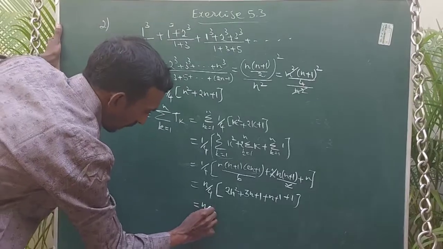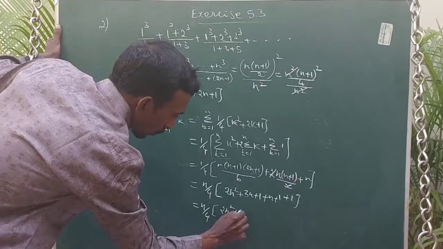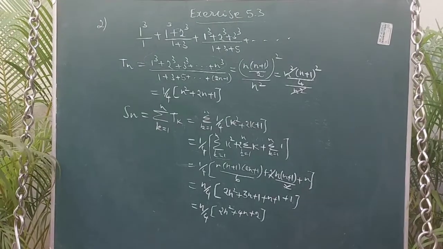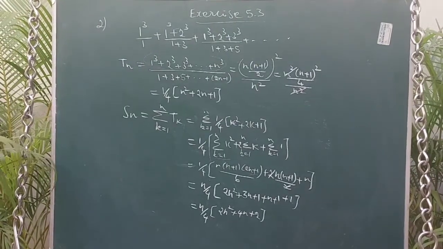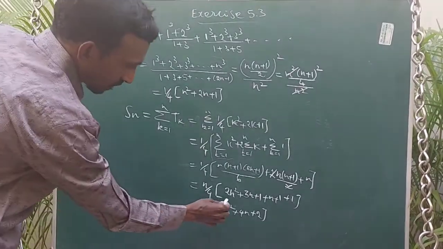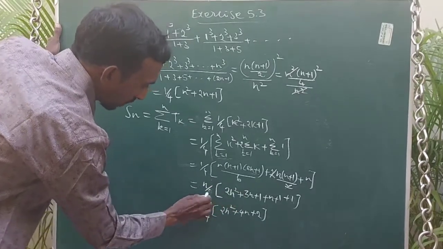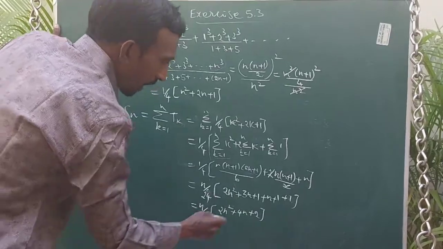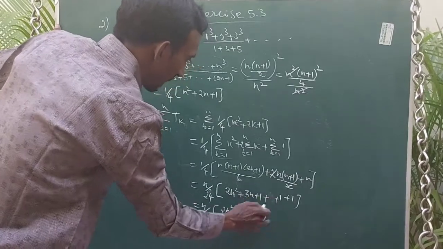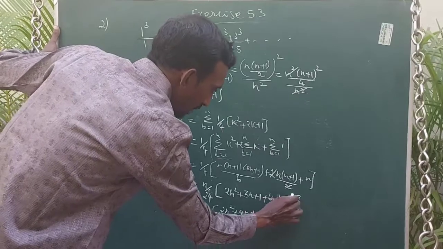So n by 4 into 2n square plus 4n plus 2. If you want, we forget this 6, my dear student. If we take 6 as LCM, 6 4s are 24, and here we have to multiply by 6. So what we are getting, 6n plus 6, here also 6.